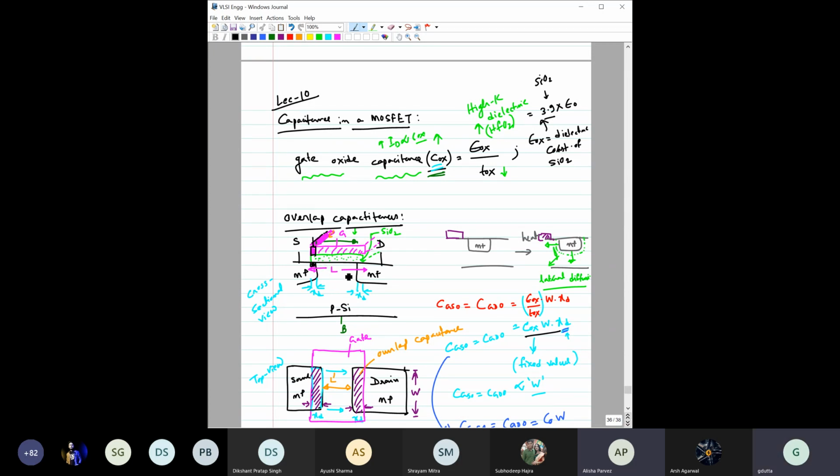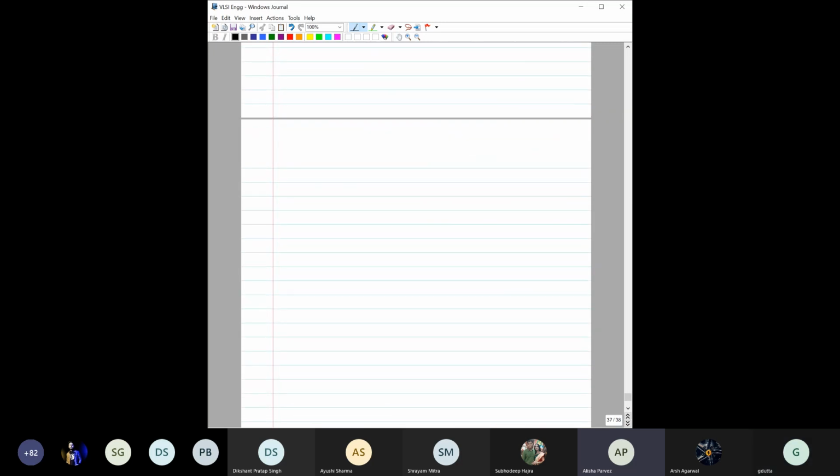Okay, so suppose the device is in cutoff, then there is no channel. Then what will be the capacitance? Then the capacitance would be between the gate and body, isn't it? Yes, sir. Right.